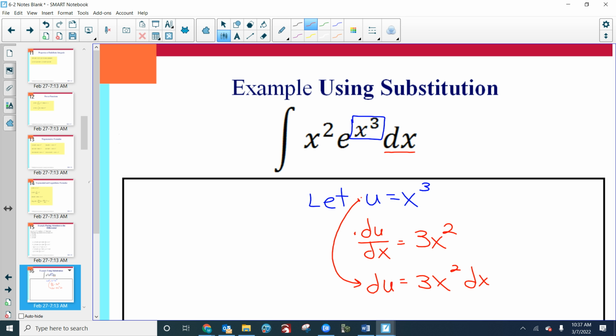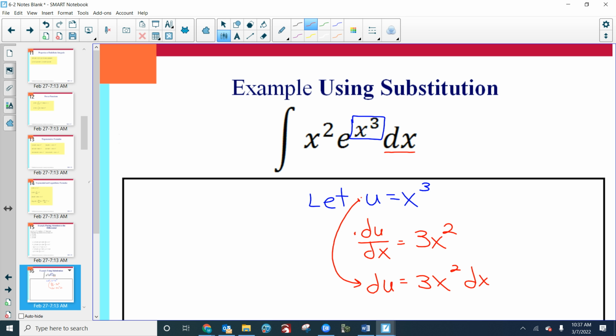Correct? So I want to replace everything else, not really the sine or the cosine or the e or the square root, but everything else as an expression with u variables or numbers. So let's check for a good fit.